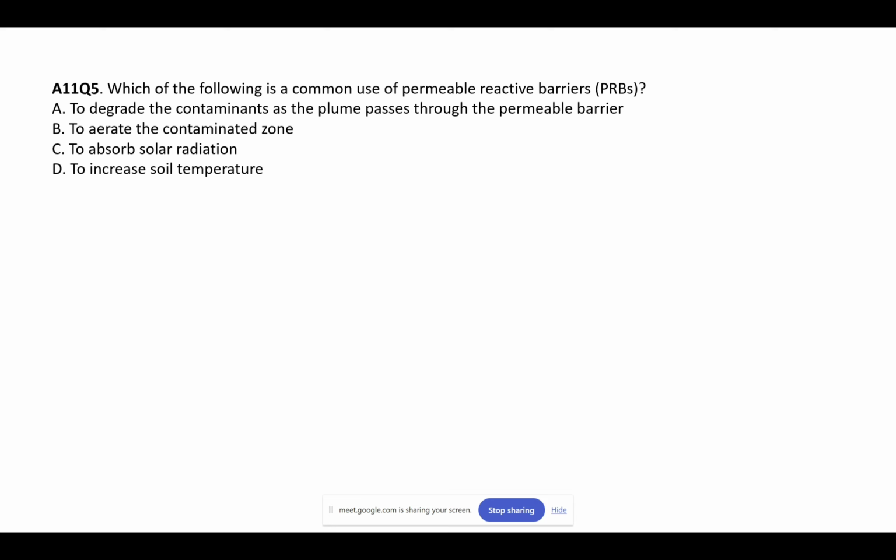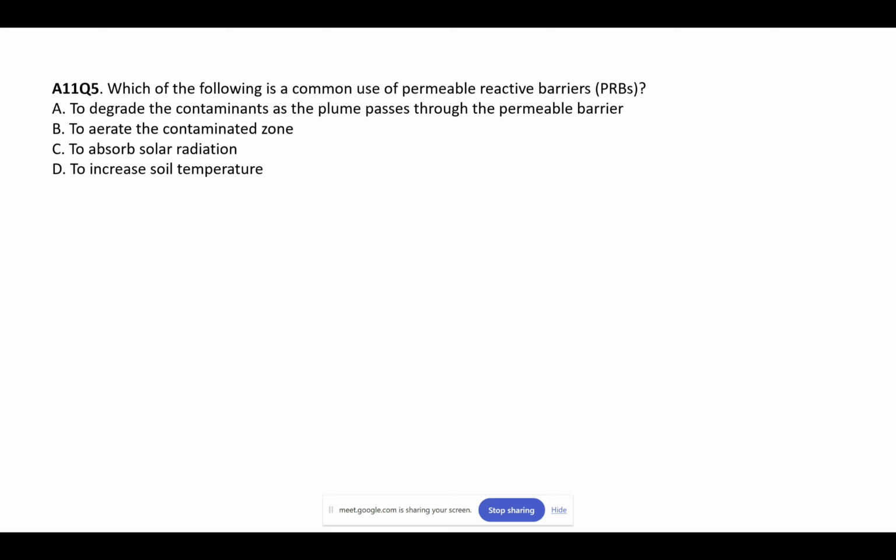So option A is the correct answer, that PRBs are used to degrade the contaminants as the plume passes through the permeable barrier. Options B, C and D, that PRBs are used to aerate the contaminated zone, to absorb solar radiation and to increase the soil temperature, these three statements are not correct.